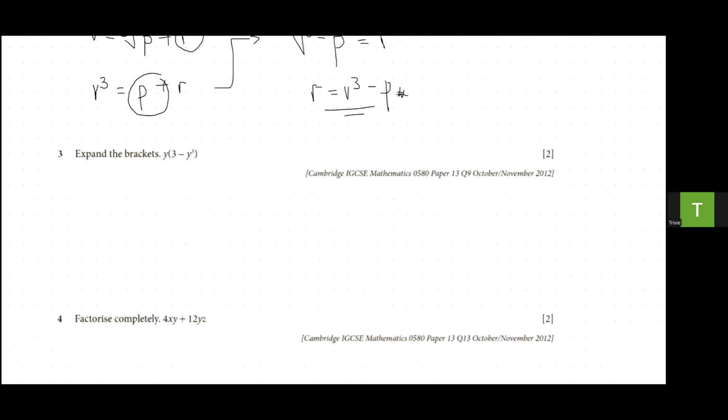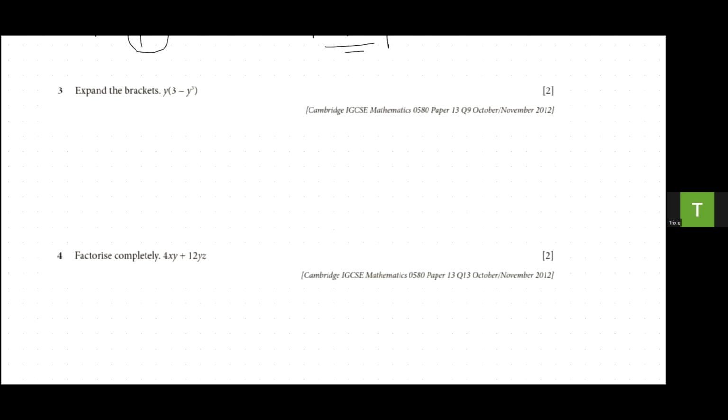Next, expand the bracket. y in bracket 3 minus y cube. For y, we can also say it as y power of 1. So y power of 1 times 3 and then y power of 1 times y cube.